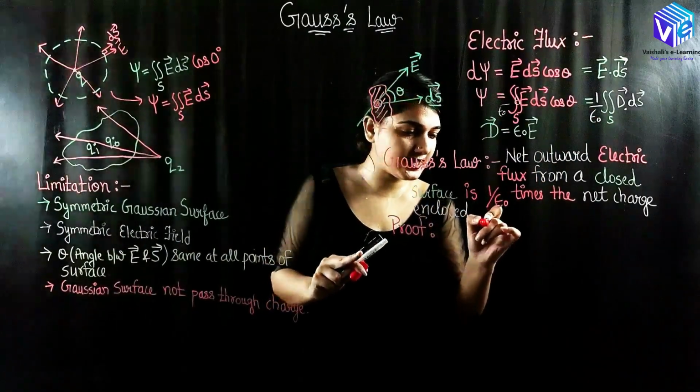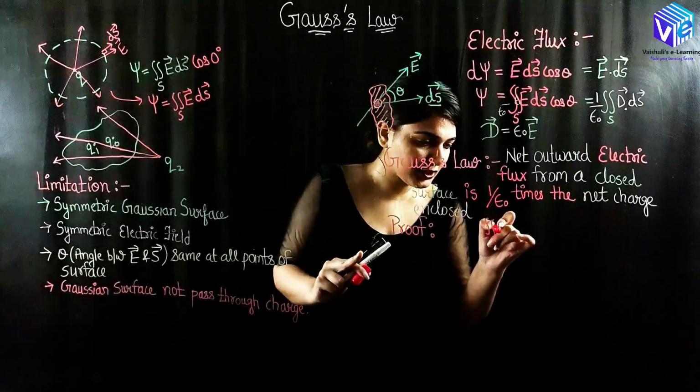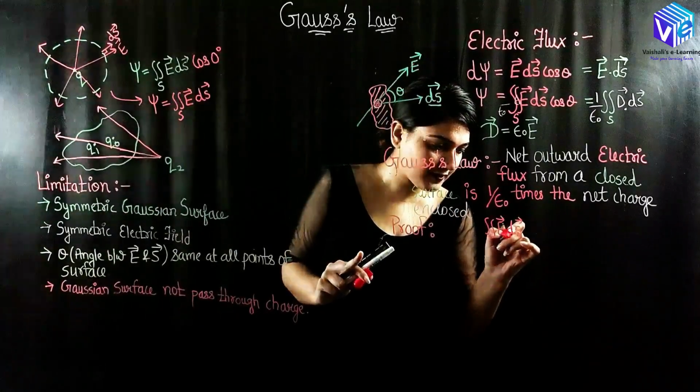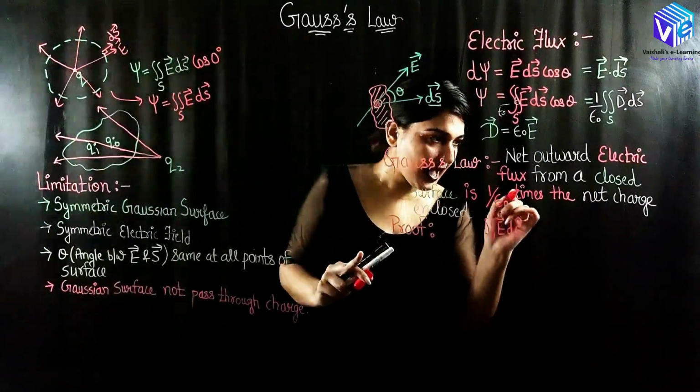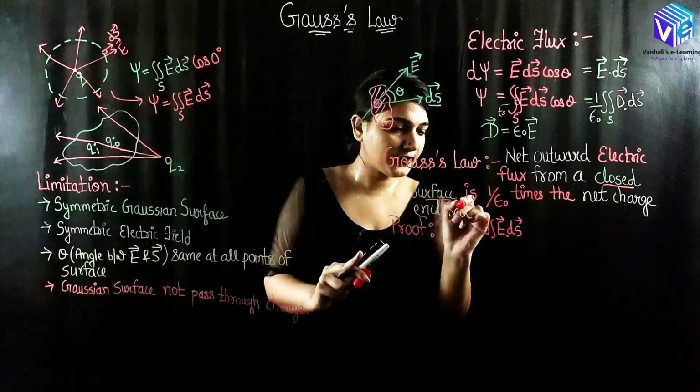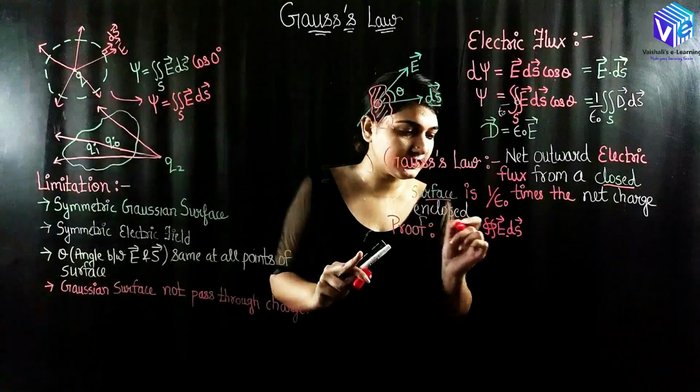I can represent it as the integration of E dot dS. Here we have the dot product, and here we have the closed surface, so for the closed surface I will be using this symbol.